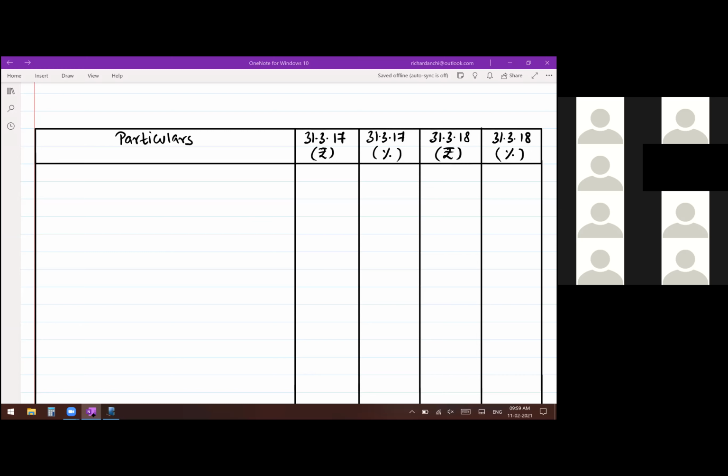On top you write down comparative balance sheet. Comparative balance sheet of Sakshi traders as on 31st March 17 and 31st March 18.